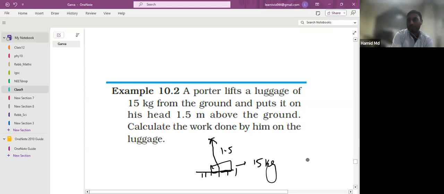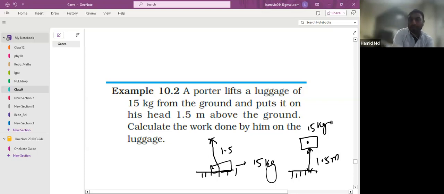So now the block is 1.5 meters above the ground, and it is 15 kg. We already studied weight, right?